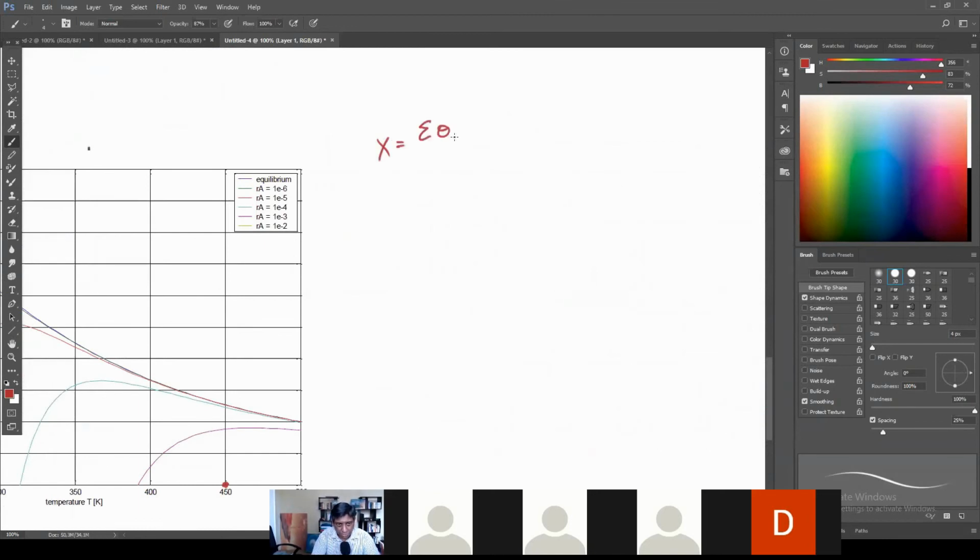So the adiabat is sum of theta_i C_Pi over minus delta H_R, times T minus T_in, or T naught in this case. So the gradient dx/dT we know is this thing.